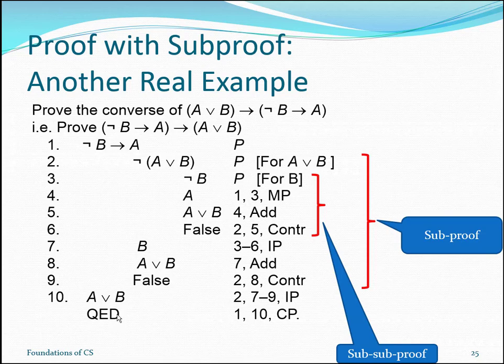I can use CP, because what was I trying to show? I was trying to show that this implies that. And I started with this, and from this I derived that. So I can outdent with QED, right? And what am I using? Well, I'm just using 1 and 10. They're the only ones that are still okay for me to use.